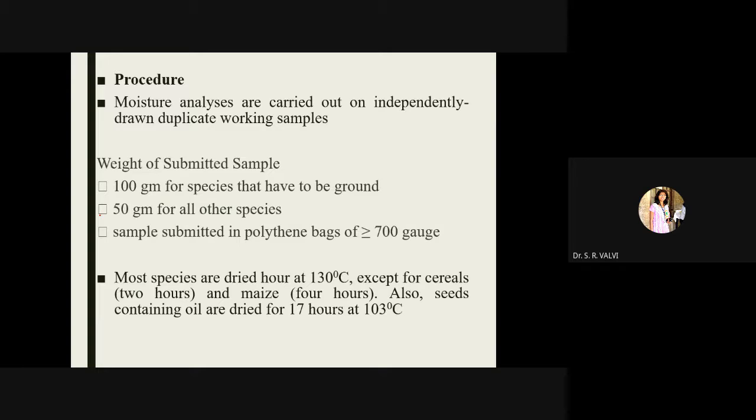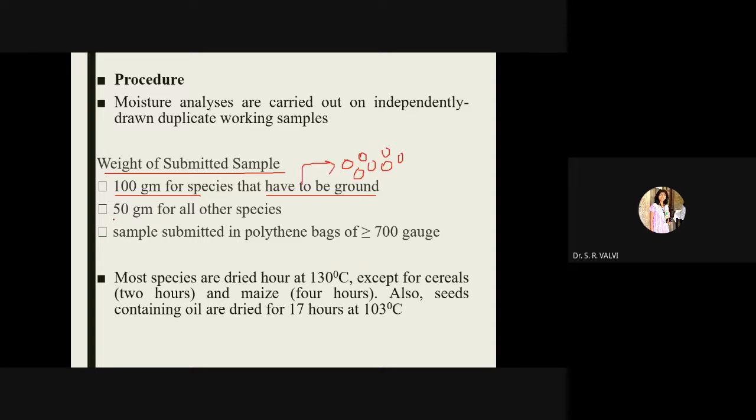Now see the procedure, the actual procedure. For this procedure, see how much weight of the submitted sample there should be. Here, 100 gram for the species that have to be ground, right? So you take the seed parts that have to be ground, and for such seed you take 100 gram.